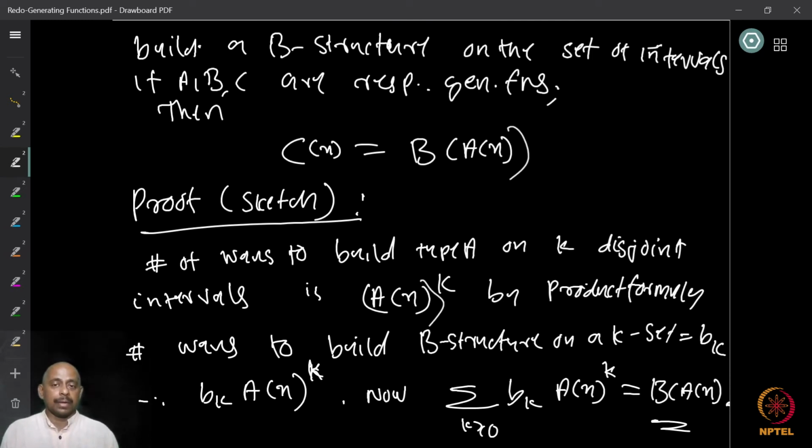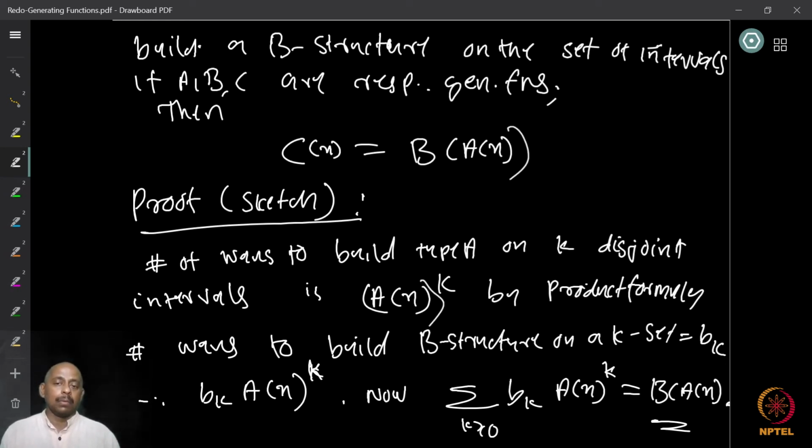Because we are looking at all possible ways to partition, the coefficient of x raised to n in A of x whole raised to k precisely gives the number of ways of doing this. But then we are going to build a B structure on the k set.